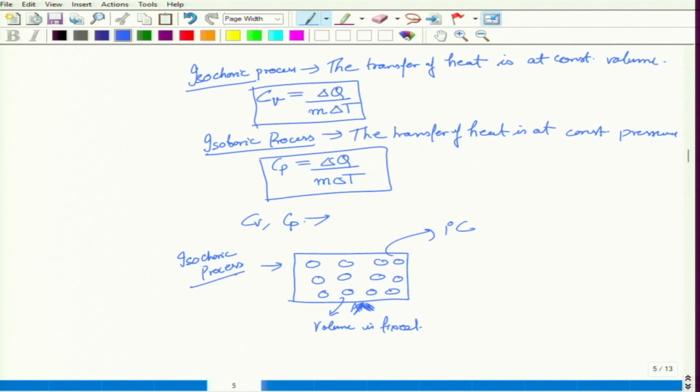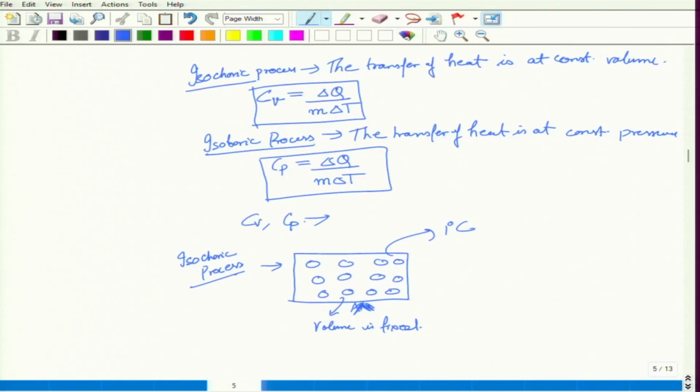Similarly, that is true for the case of isobaric process. In isobaric process, if we want to keep the pressure constant, then we need to change the volume of the system. This cannot be done with this fixed volume. This can be done, suppose we have a piston and some gas molecules inside this, and you apply some heat source here.